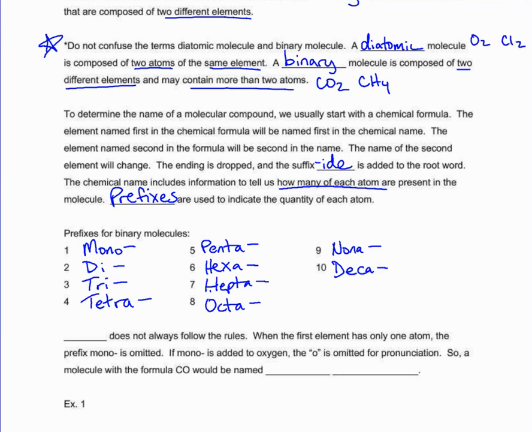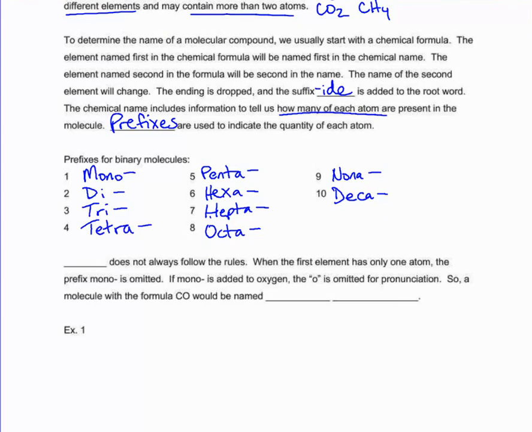In chemistry, it's tetra. So for the most part, these rules are going to be used. We have 2 elements. Each one has a prefix that tells us how many of that atom is present.